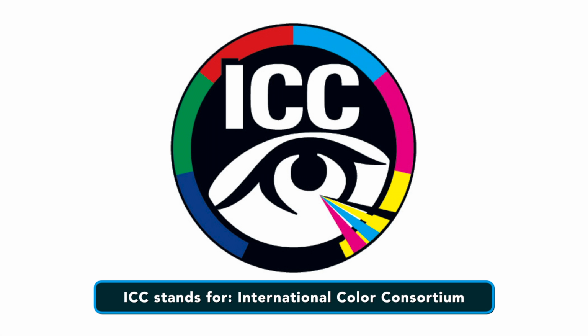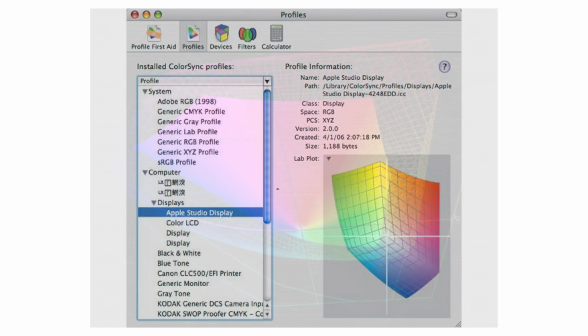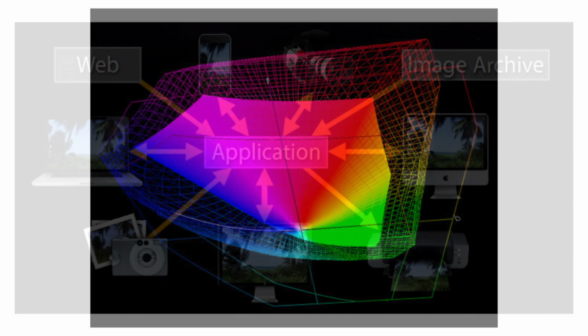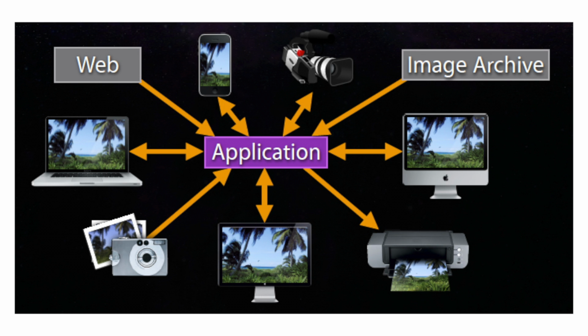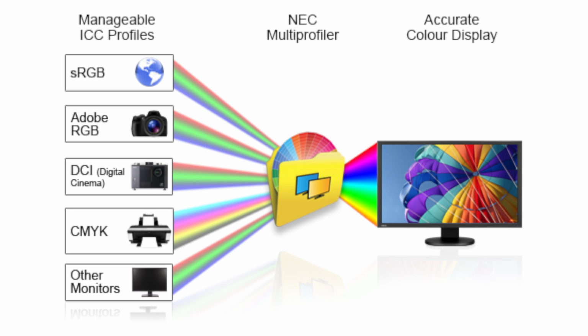ICC, or International Color Consortium color profiles, are device-specific and describe the way a particular device represents color and translates it in a way that aligns with the other devices in your workflow. ICC profiles are available for specific makes and models of cameras, printers, monitors, and even paper.